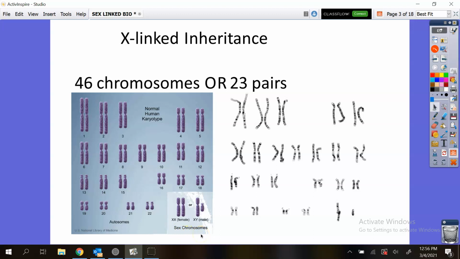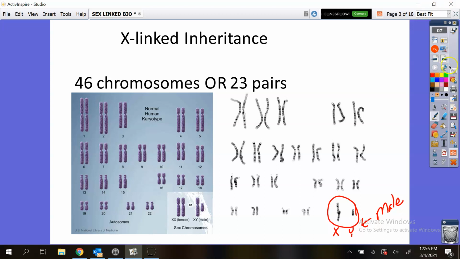So let's look at this karyotype over here. What would be the biological sex of this individual right here? Okay, so the longer one's the X, the shorter one's the Y. So this person would be biologically male because it has one X and one Y chromosome.